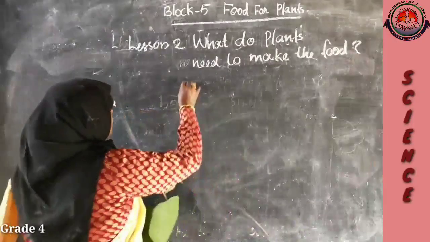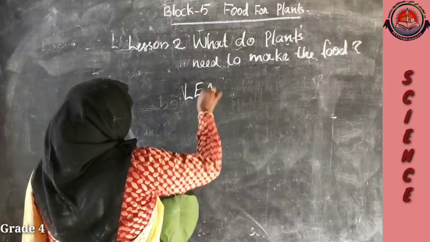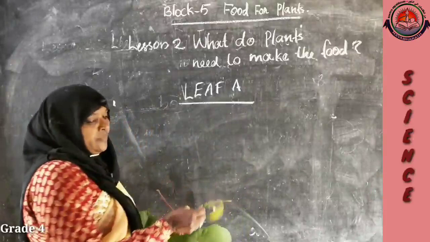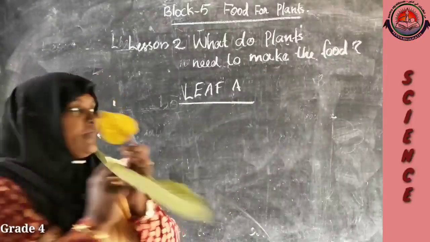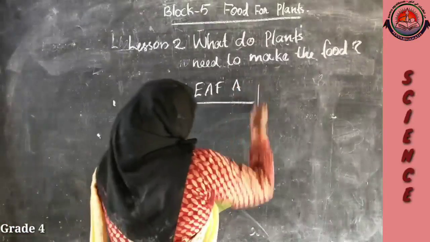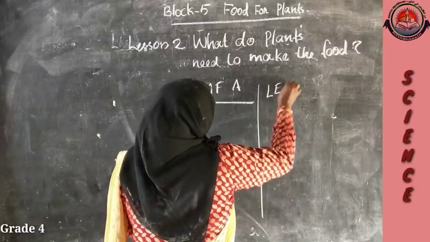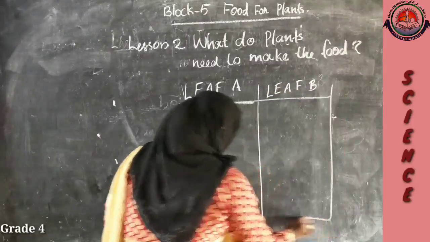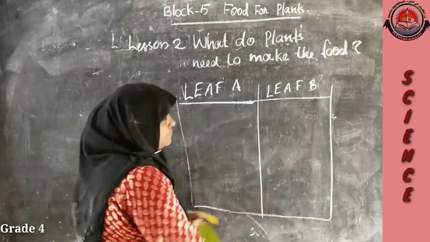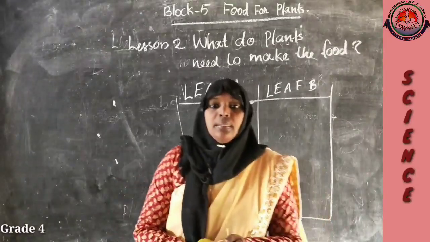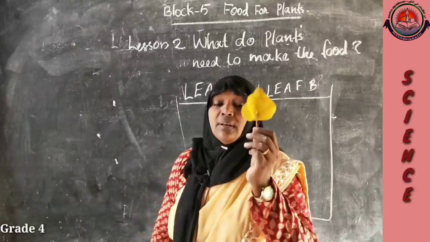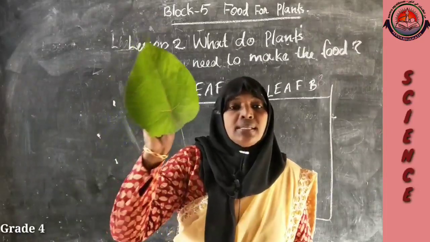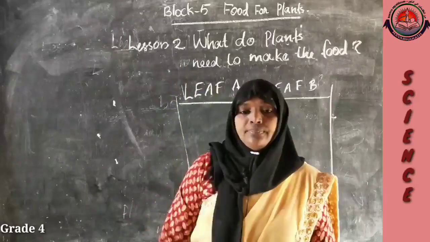First, leaf A. We can take two leaves from this. Okay. Leaf A and leaf B. Then one leaf was covered with black paper. The other leaf was under the sun.